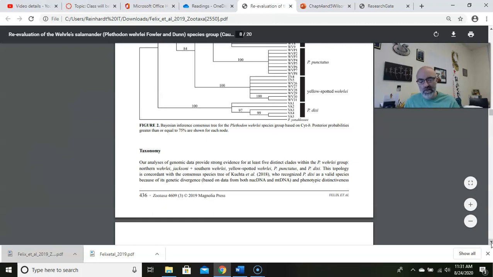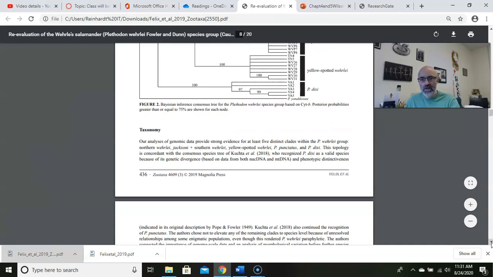So considering that the groups are distinguishable based on their genetic and genomic data, and considering that they are different shaped, how do we group and name these salamanders?